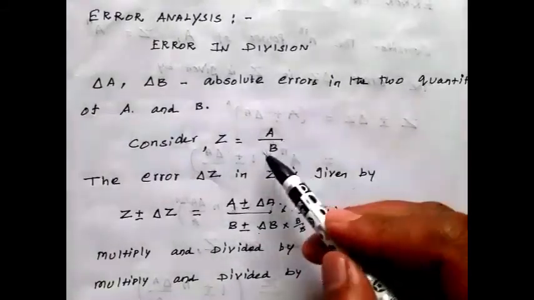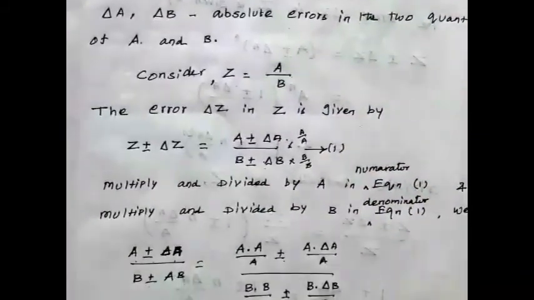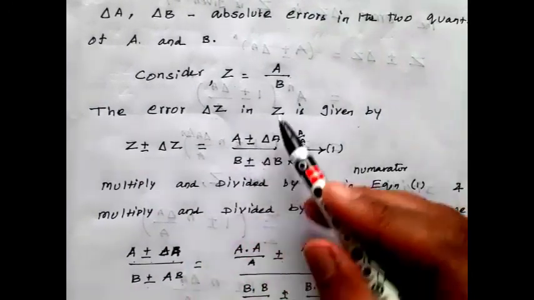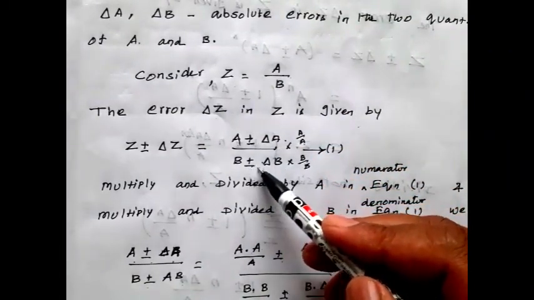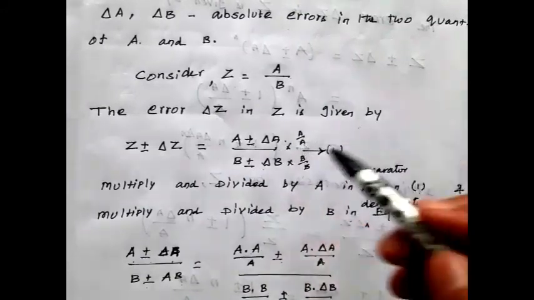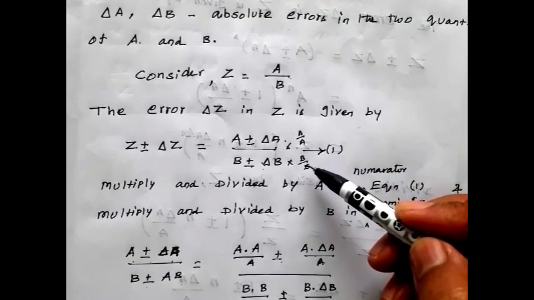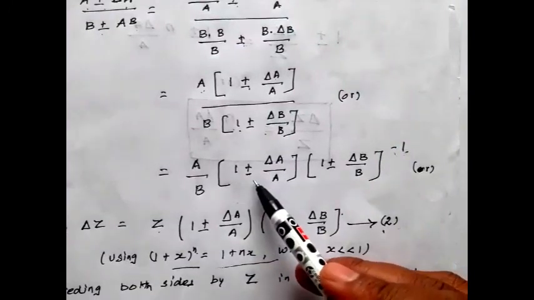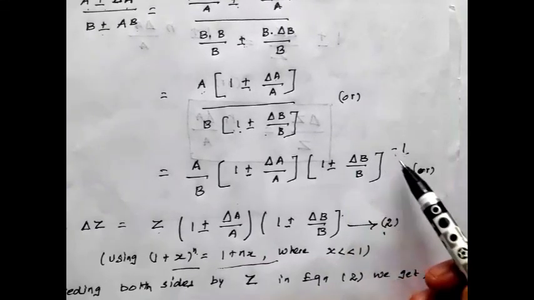Okay, so Z is A by B. That error del Z in Z is given by, we write, Z plus or minus del Z. Okay, just we can add A plus or minus del A by B plus or minus del B. In the numerator we multiply and divide by A. At the same time in the denominator multiply and divide by B, we get that final answer. That is A by B into 1 plus or minus del A by A into 1 plus or minus del B by B whole inverse.